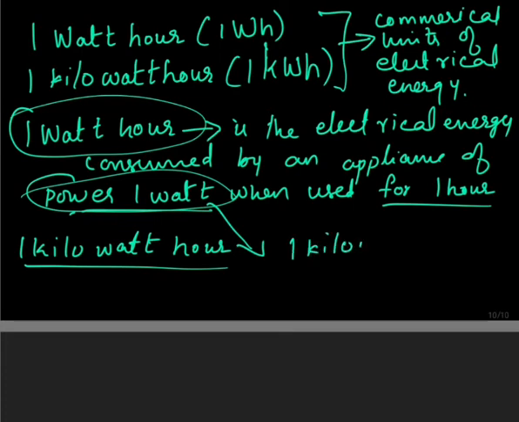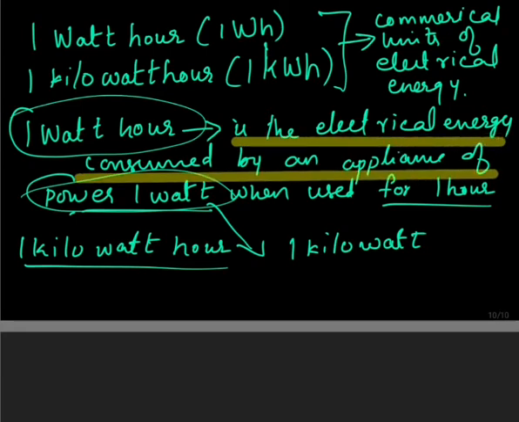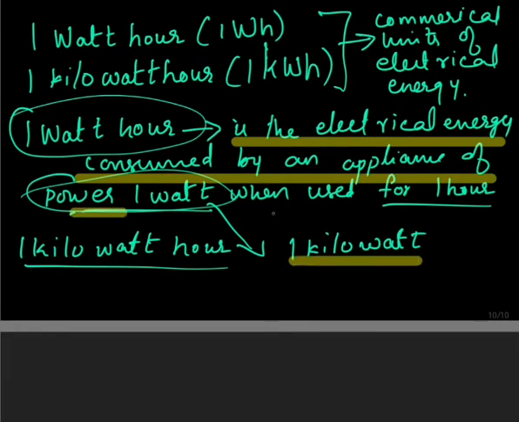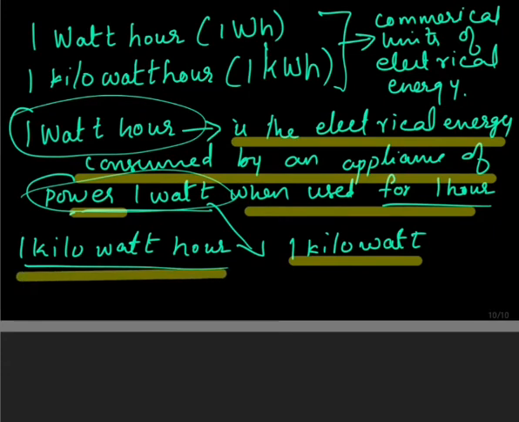So how will you define 1 kilowatt hour? 1 kilowatt hour can be defined as the electrical energy consumed by an appliance of power 1 kilowatt when it is used for 1 hour. So that electrical energy is written as 1 kilowatt hour. So that is about 1 kilowatt hour and 1 watt hour.